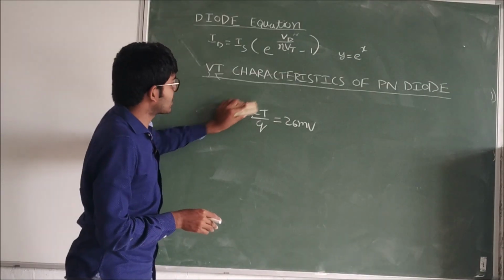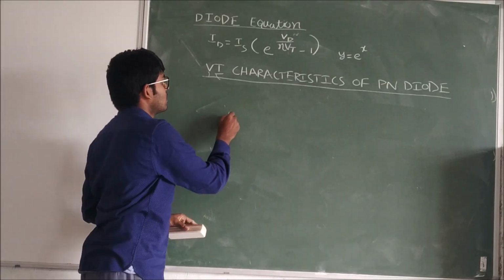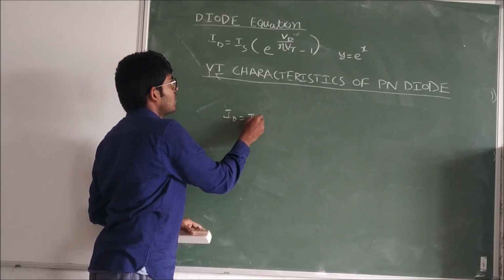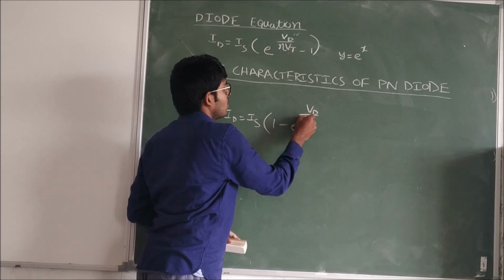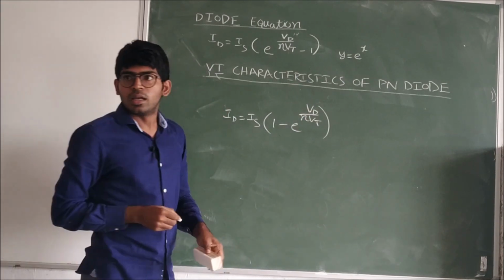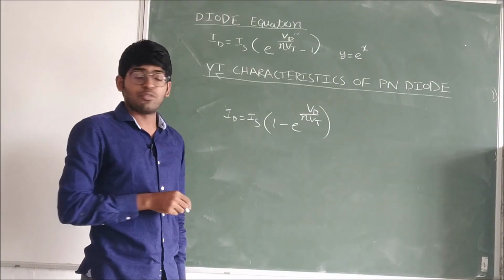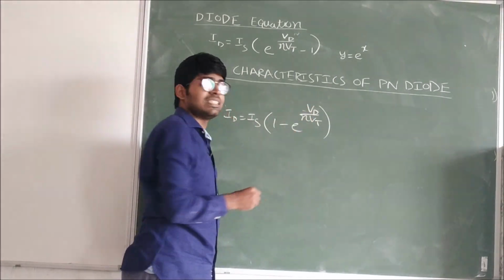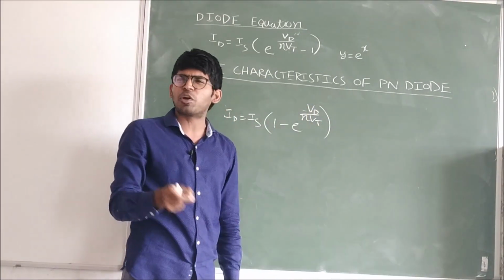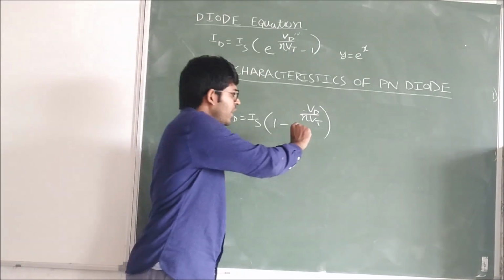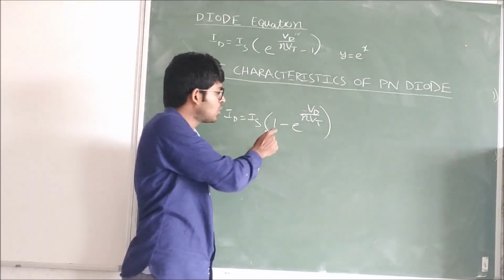In the reverse bias condition, whenever we give the voltage, it is a negative value. Because this voltage is negative, e to the power minus is a very small amount compared to 1.